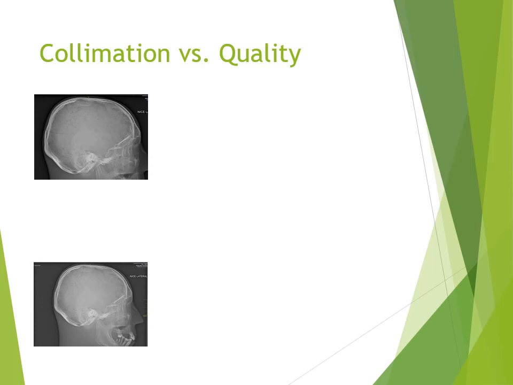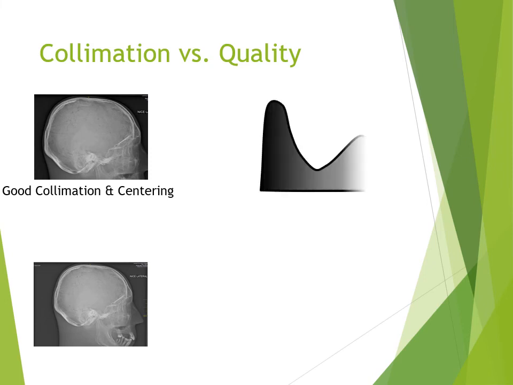Below is an example of how collimation might affect the histogram and image quality. This represents a lateral skull with good collimation, and to the right is a histogram that represents the image. Notice the span of useful densities.